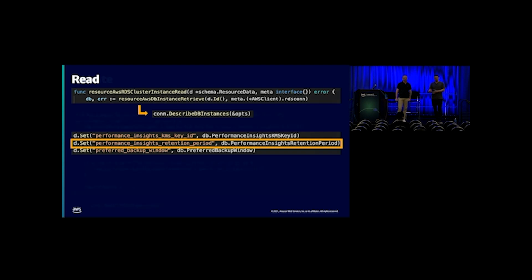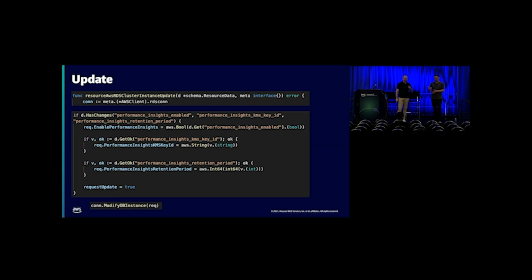Next, we have the update function. We do have to account for an update here because this parameter is optional and it can take updates. The update function is called when Terraform core detects a difference between what's in your HCL and what comes back from the API from the read function. Then it fires update.